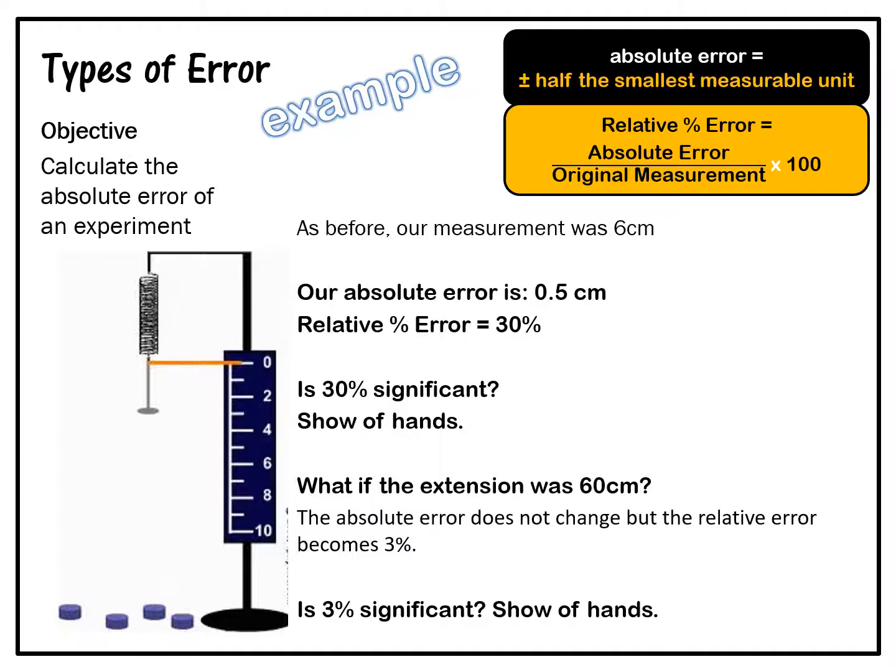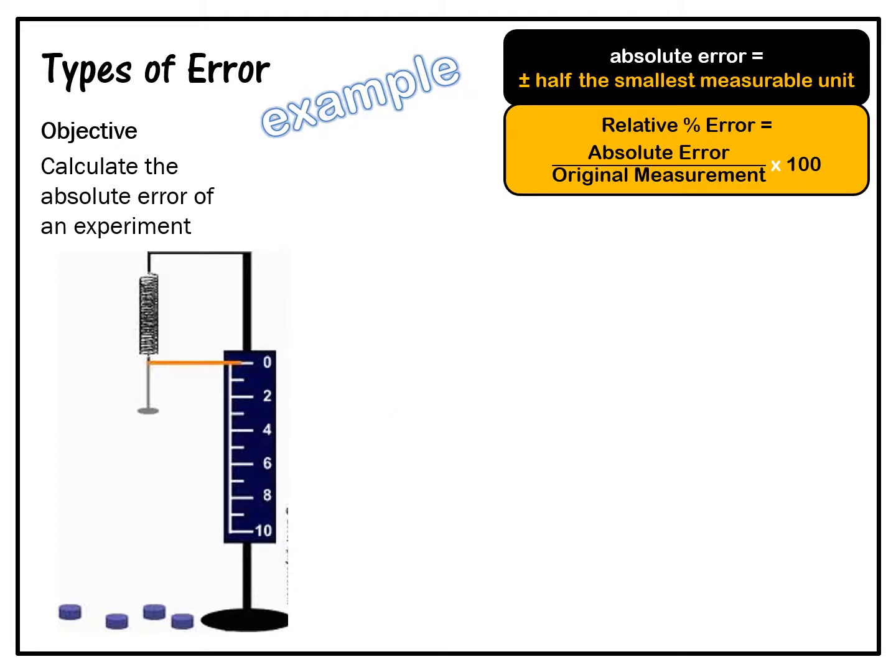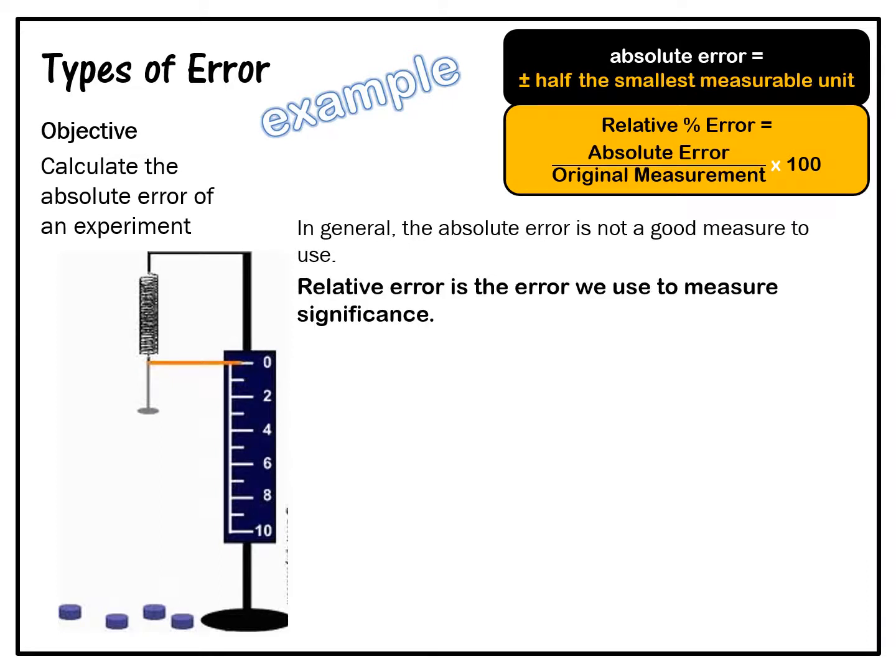That one's a bit more open for conversation, because ultimately we wouldn't like any error, but our scale only lets us measure so much, and maybe 3% is pretty good, all being told. In general, the absolute error is not a good measure to use to define significance. We should use the relative error, but I would suggest straight off the bat that any error more than 10% could definitely be considered significant in any way, shape, or form.